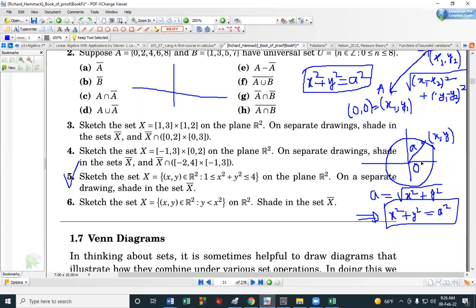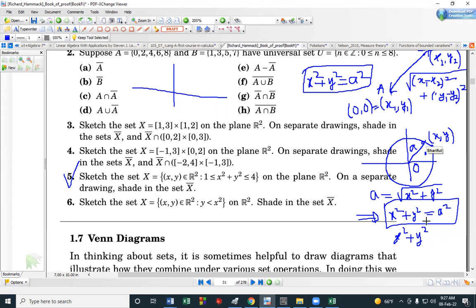Within this circle, what do you think? Would x squared plus y squared be greater than or less than A squared? If the point is inside this circle, let's say this point has coordinates xy.